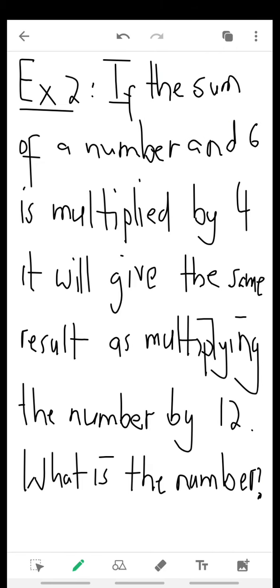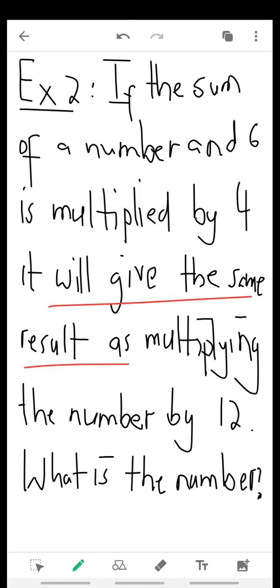If the sum, underline sum, so there is a plus in there, of a number and 6, if we let a number be x, that means x plus 6 is multiplied by 4, so put brackets, multiply the whole thing by 4, it will give the same result.